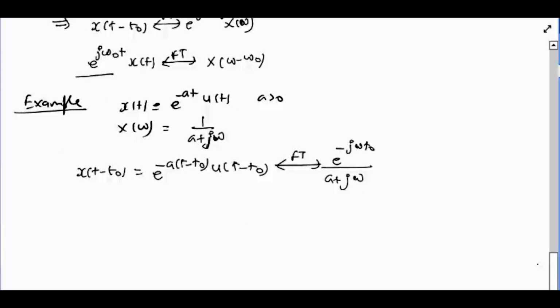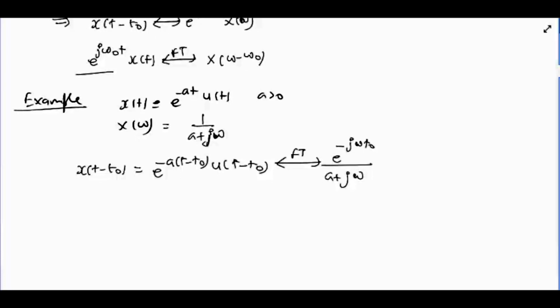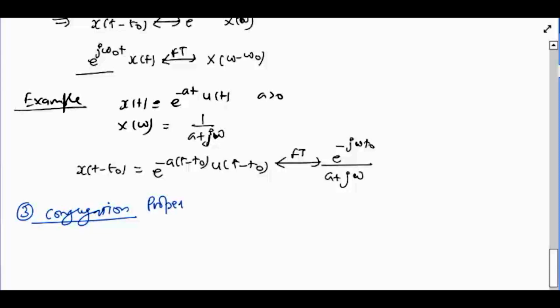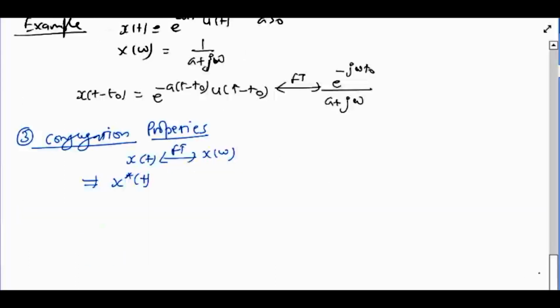Let's move on to the next property, which is conjugation. Conjugation property. It says that if x(t) has Fourier transform X(omega), then x star(t), which is the complex conjugate of x(t), will have Fourier transform X star(minus omega).